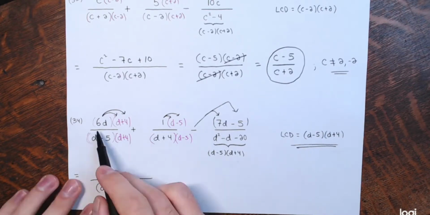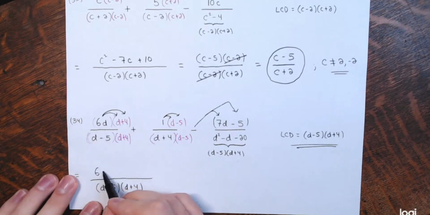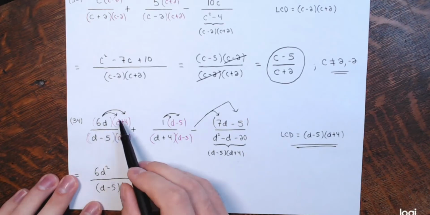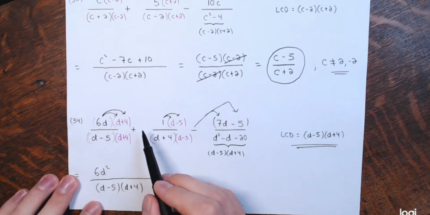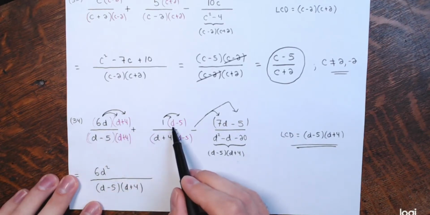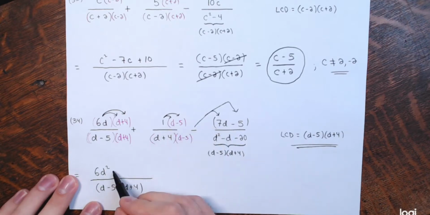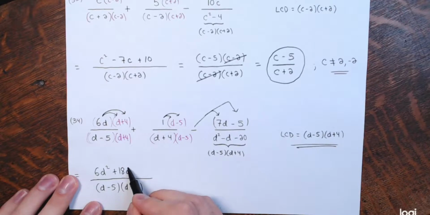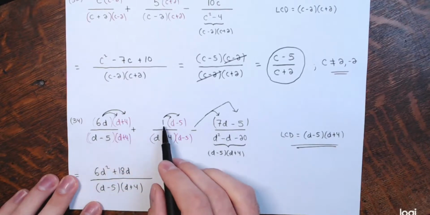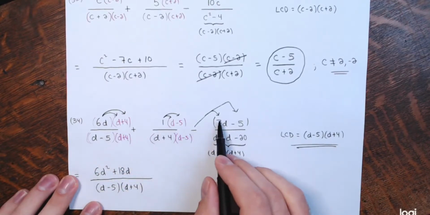Alright, so I have 6d squared, and there's no other d squared, so 6d squared. You got plus 24d plus 1d, that's 25d, minus 7d would be plus 18d.